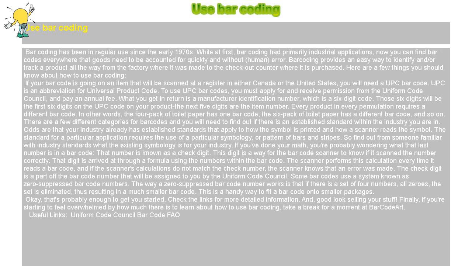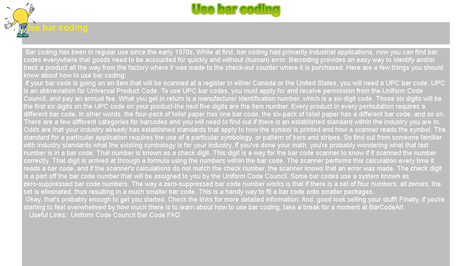The standard for a particular application requires the use of a particular symbology, or pattern of bars and stripes. So find out from someone familiar with industry standards what the existing symbology is for your industry.